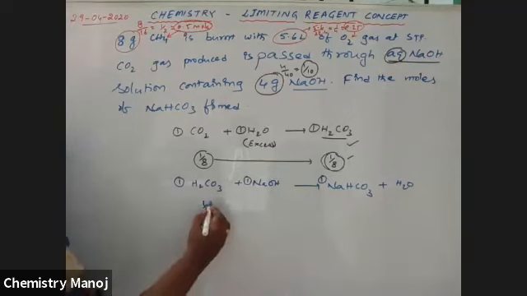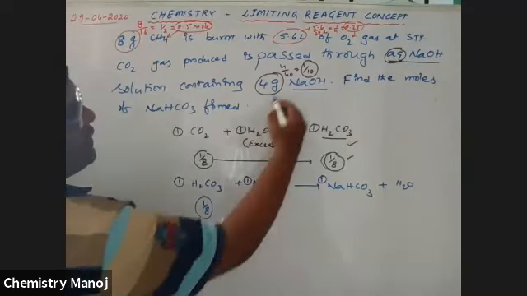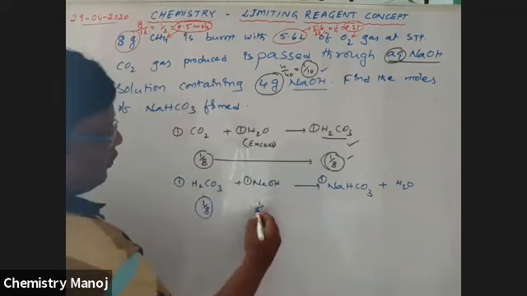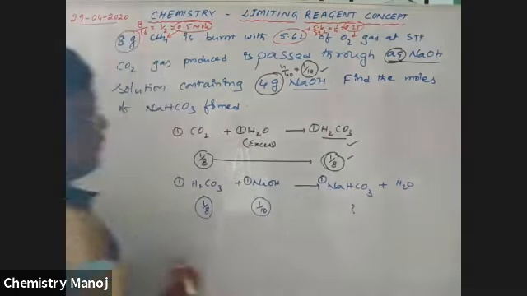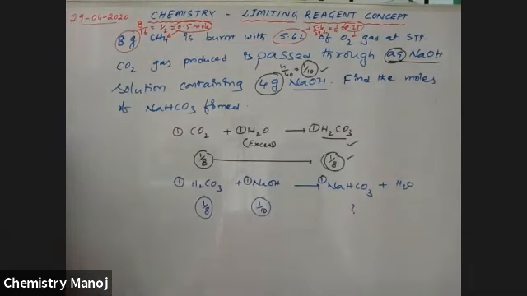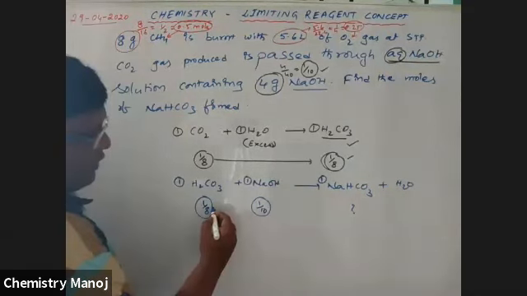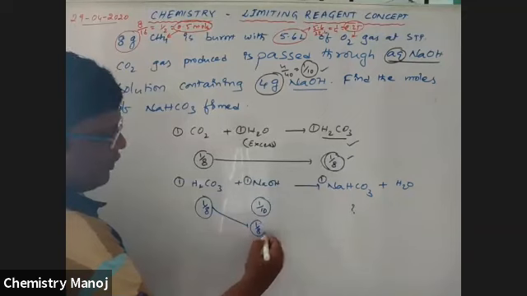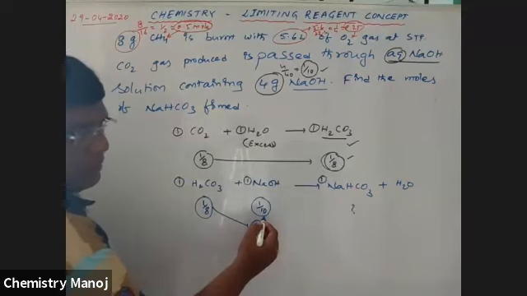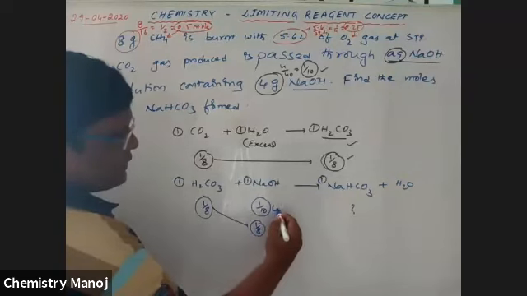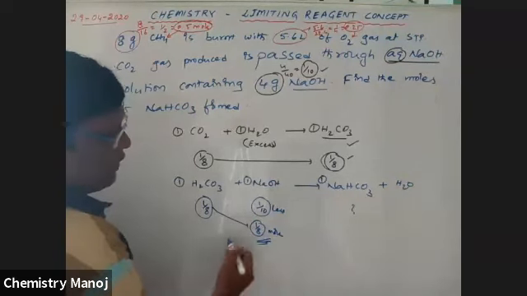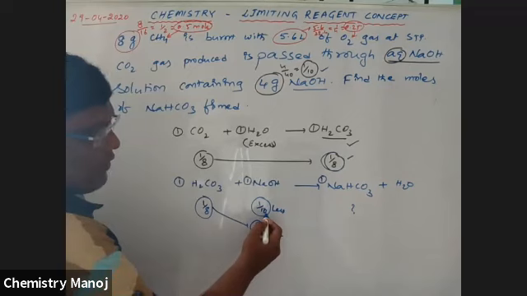Here 1 by 8 mole is taken. NaOH is how much? 1 by 10 mole is given. For 1 by 8, there is a need of 1 by 8 value, but it is 1 by 10. That means the required value is more than the given value.